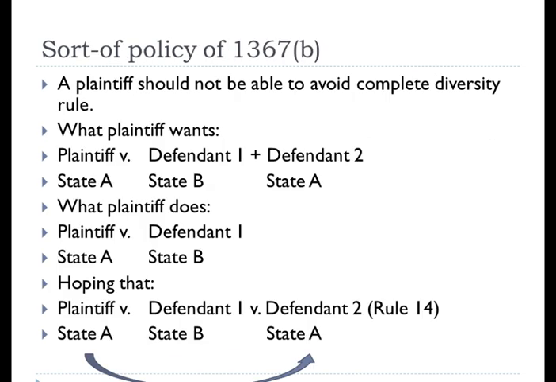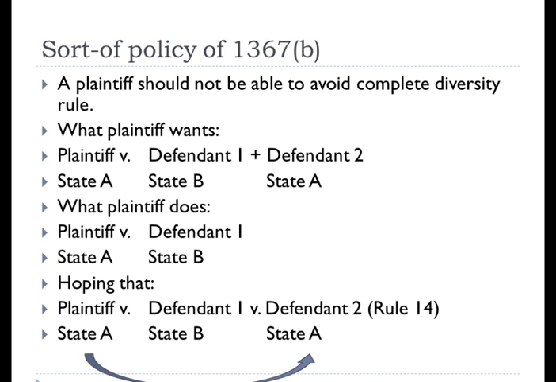Now, there is kind of a policy that drives the madness of 1367(b). The sort of policy that's behind it is an idea that a plaintiff should not be able to avoid the complete diversity rule by the introduction of different parties and claims. So you remember the complete diversity rule.